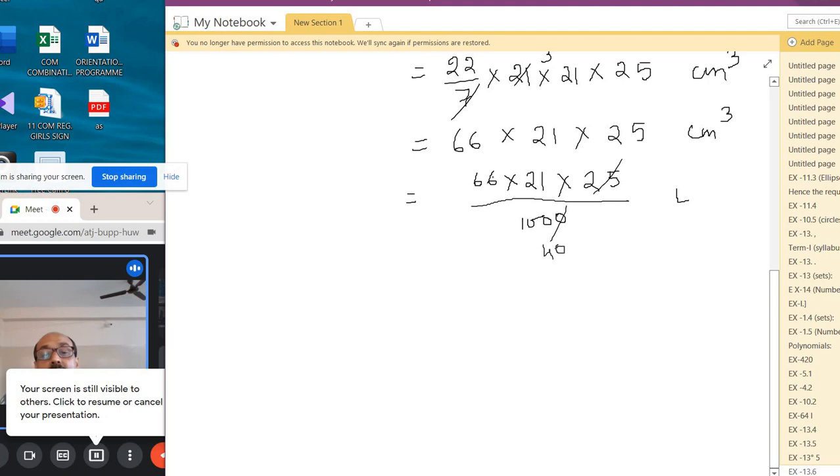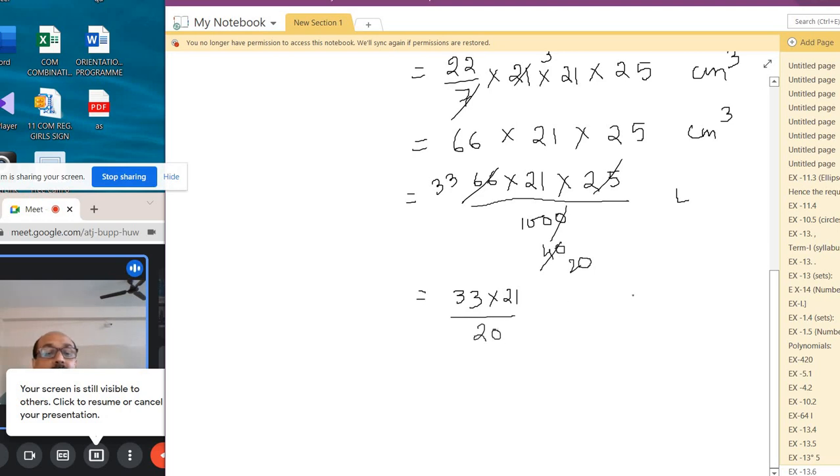It will go by 2: 66 becomes 33, and 40 becomes 20. Now 33 into 21 by 20.